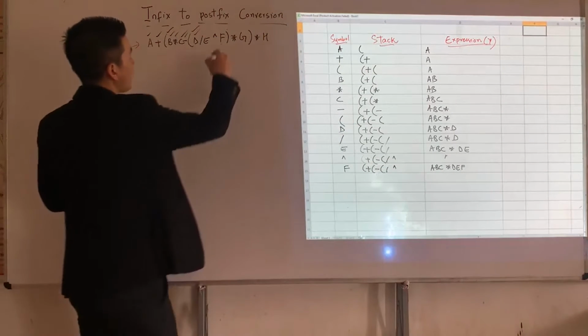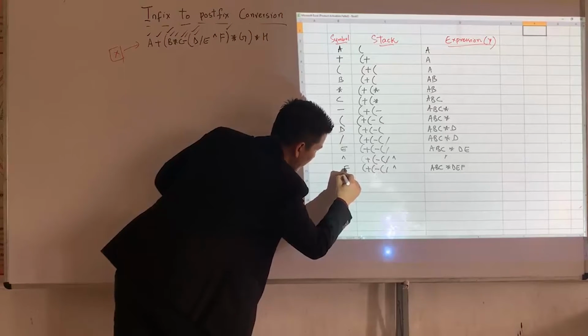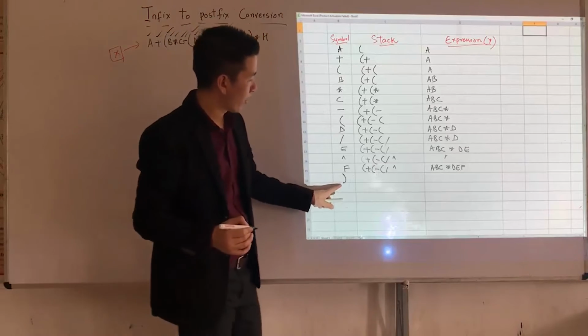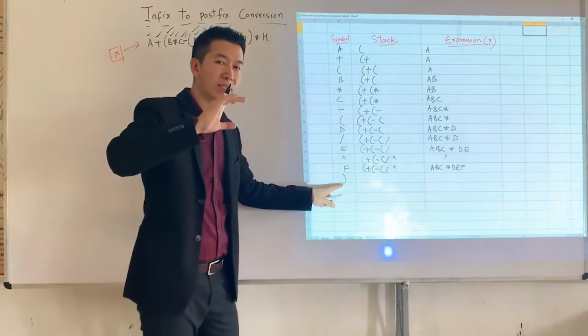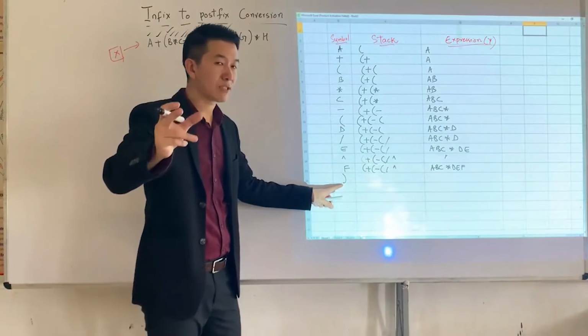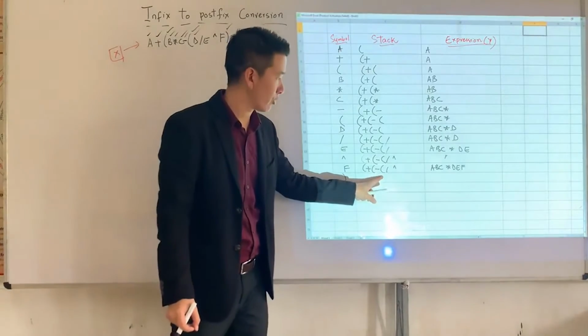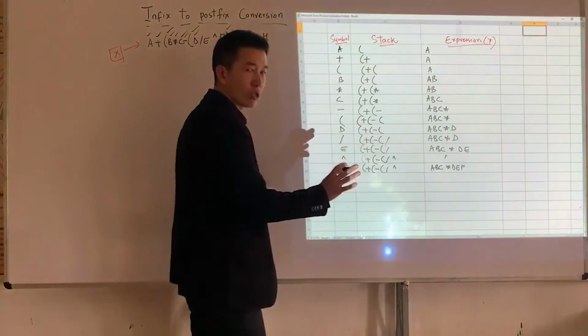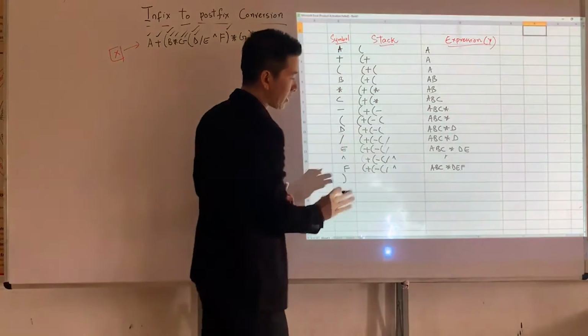And then after F, you have the closing bracket. All right. So when the next symbol is the closing bracket or the closing brace, remember I need to keep popping the elements and add them to the expression until the left parenthesis is encountered. So which means don't push the closing bracket onto the stack.